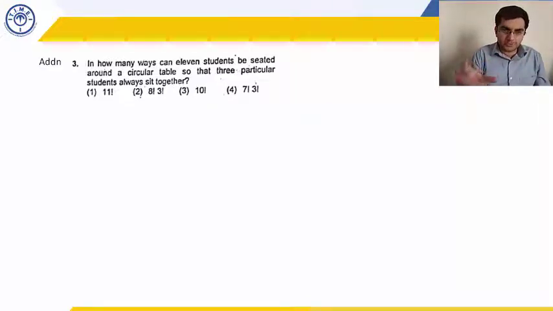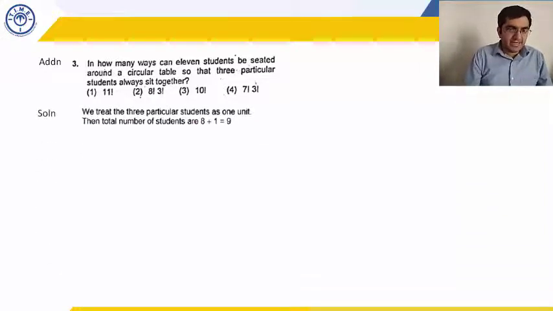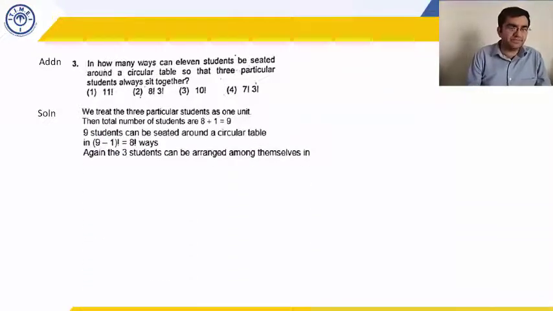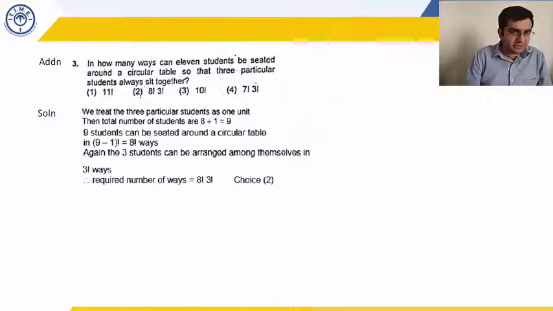Again, make a group out of those 3 students. So you have 8 students and 3 students forming one group. So 8 entities and 1 entity, total 9 entities to be arranged in a circular arrangement. It is around a circular table, so it can be arranged in 8 factorial ways, and the 3 people in that one unit can be arranged among themselves in another 3 factorial ways.